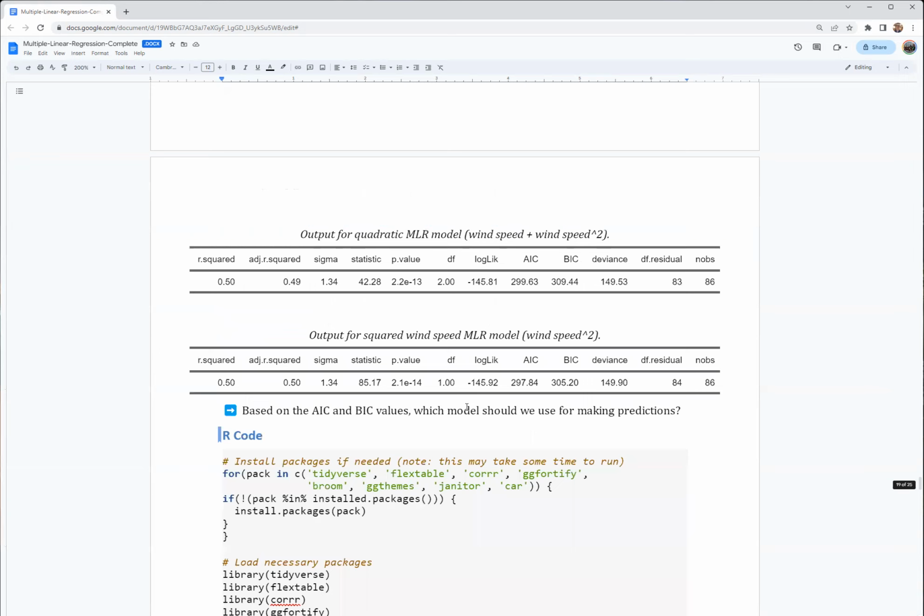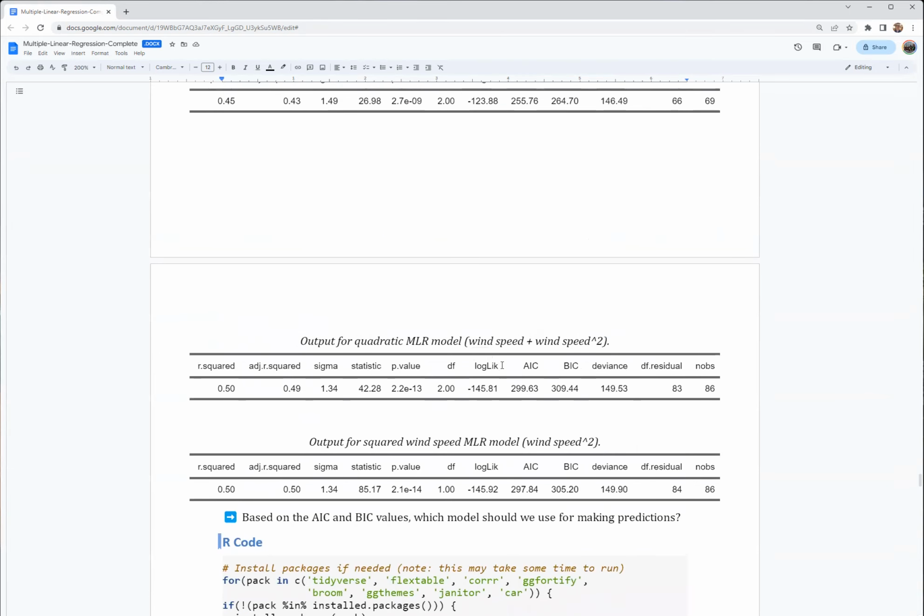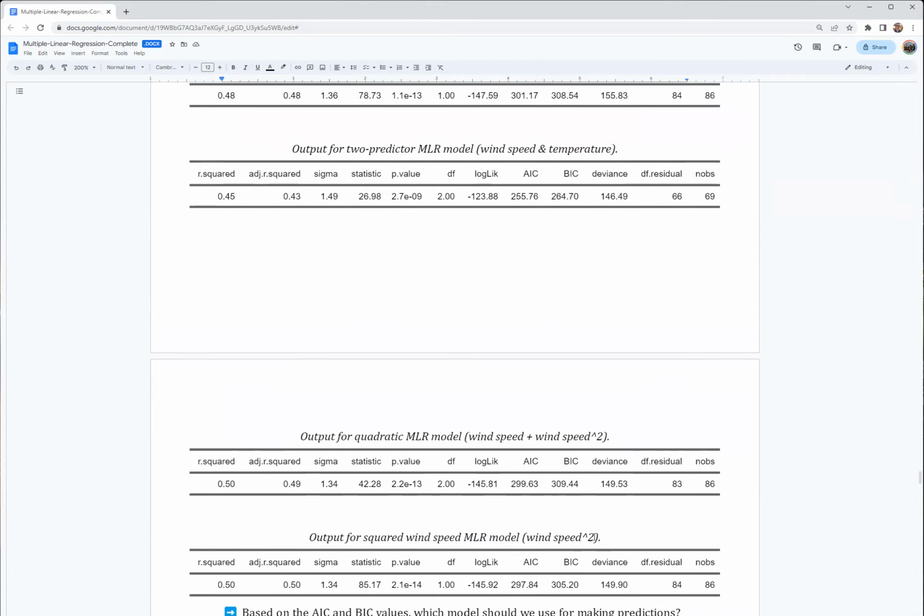Right. Because if you look at the models here, considering one with just wind speed squared, not including the regular term as well, so losing the interpretability, you're maybe actually able to lower your AIC and BIC versus the full quadratic model, just having a squared term.